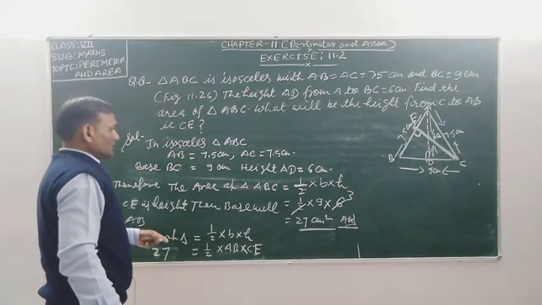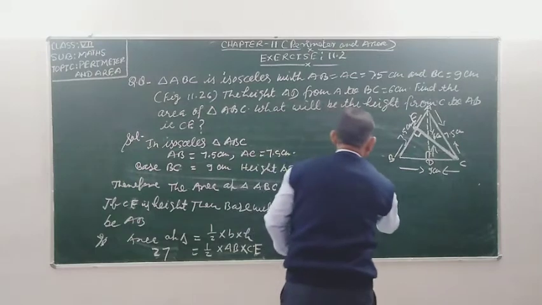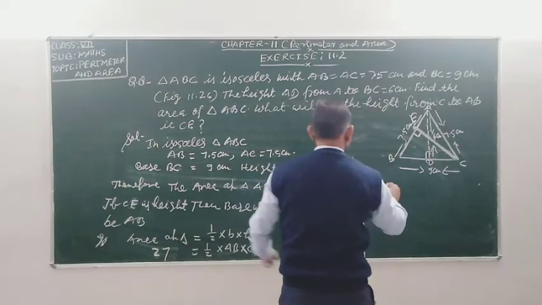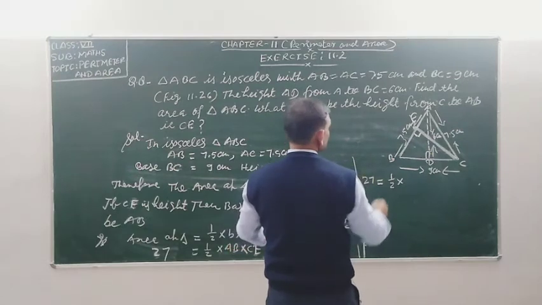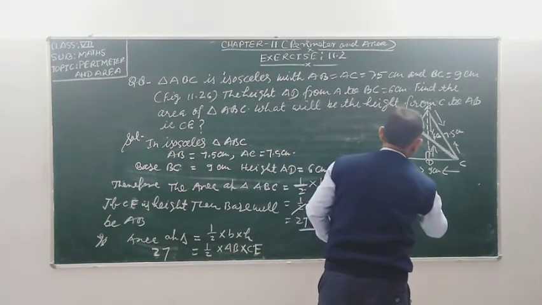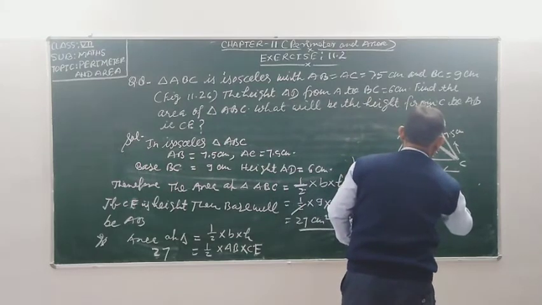So now put the value, student, of AB. 27 is equal to 1/2 into AB. AB is given 7.5, into CE.